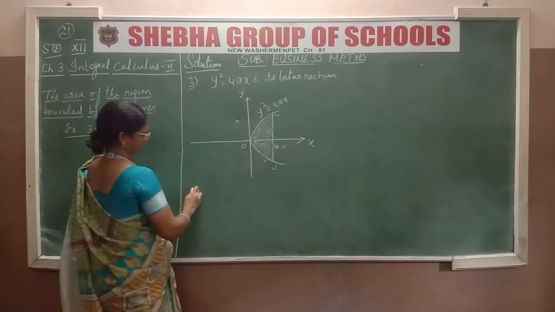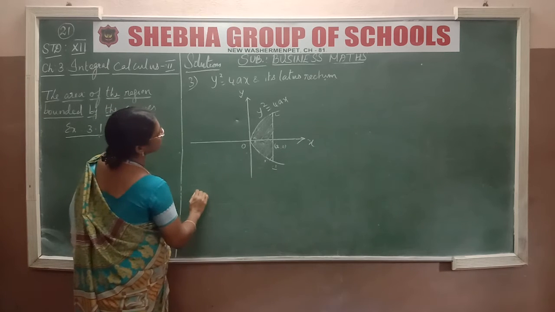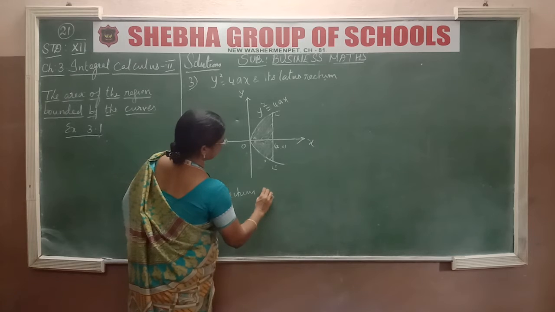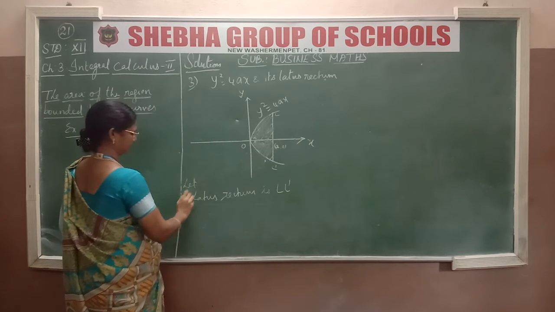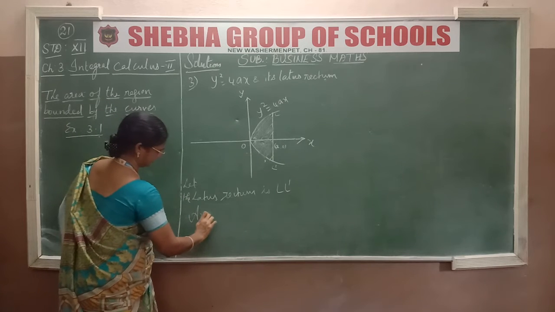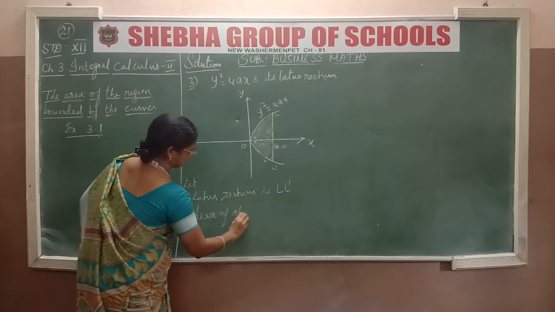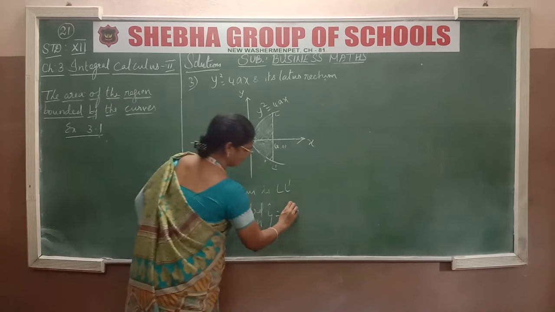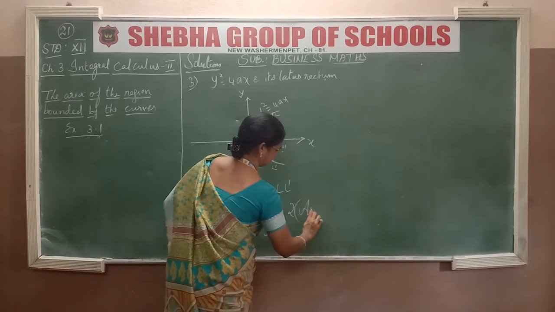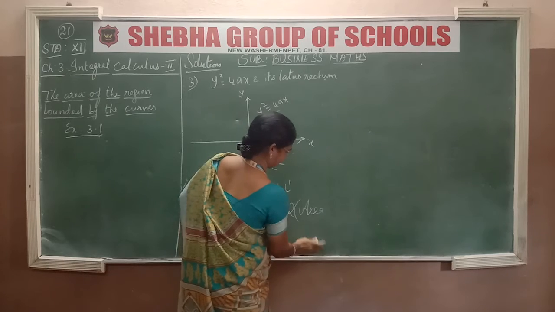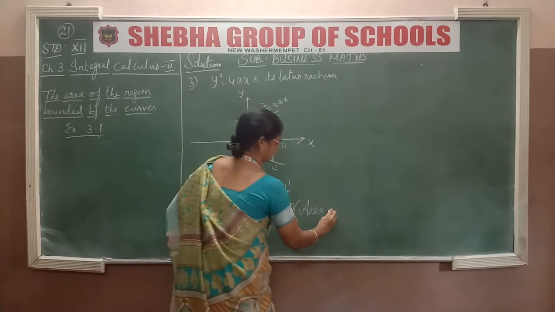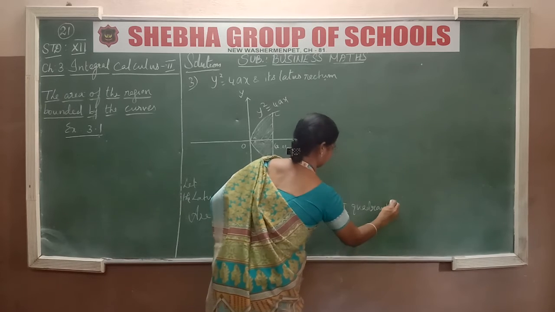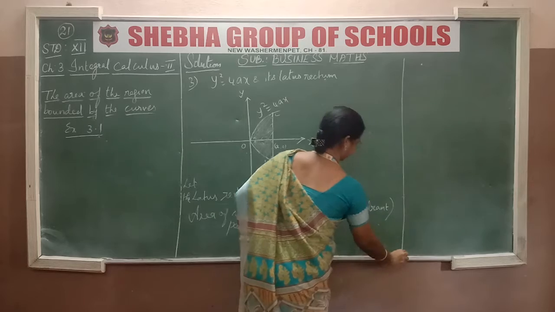Therefore, the area of the shaded portion is equal to 2 into the area in the first quadrant. Okay. What is the area in the first quadrant?